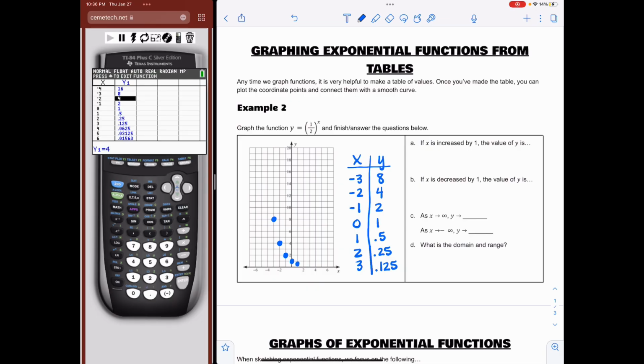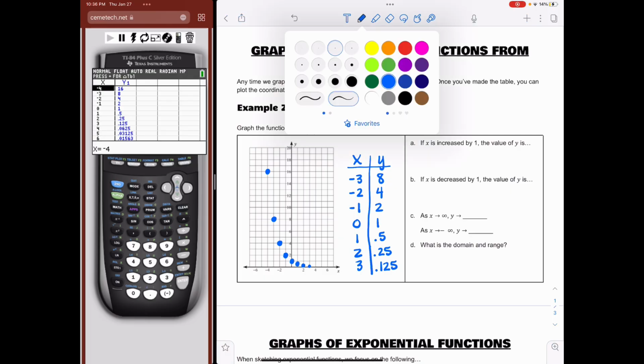And then we have 2, 0.25, 3, and 0.125, excuse me. And then I'm going to go when x is negative 4, even though I didn't put it in the table, but when x is negative 4, y is equal to 16.